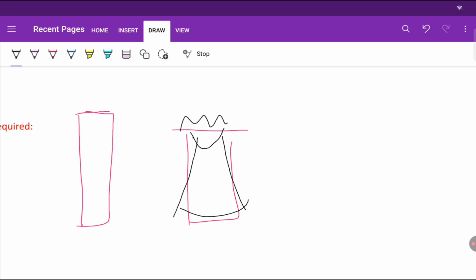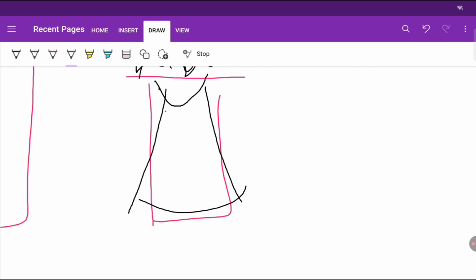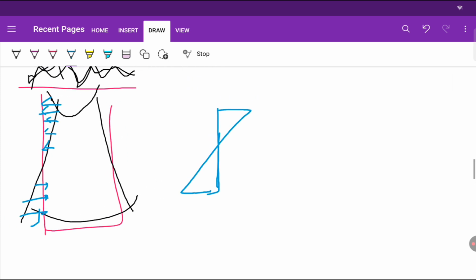If some load is acting on this, like this is a load, so it will bend like this. So here will be stress, right? So stress will be induced like this. So the stress diagram will be like this. Okay, this is the maximum stress.